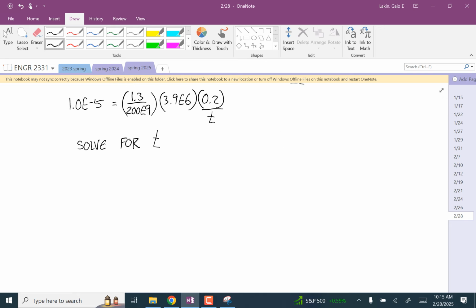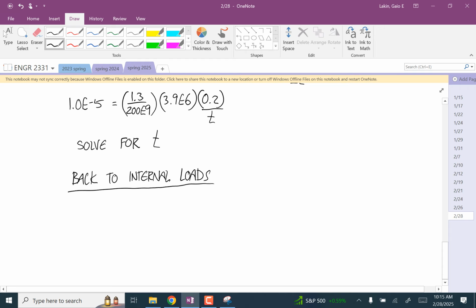So now back to internal loads. So last time, so far we've done beams that are represented by just a single cut.